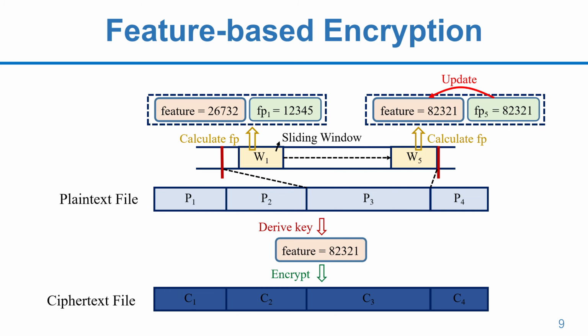After the whole file is scanned, the feature value obtained is the feature of the file. Then it uses the feature as a key to encrypt all chunks in the file. Compared with the directly calculated hash, the feature of the file has better stability and will not be easily changed due to a small modification.